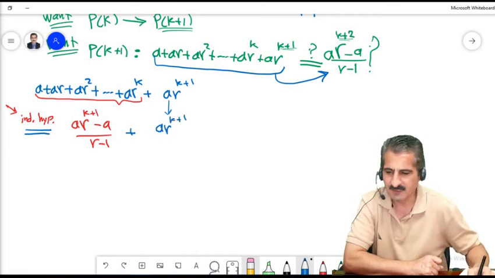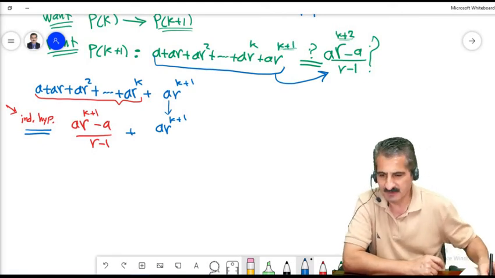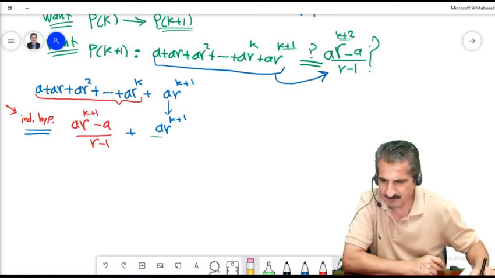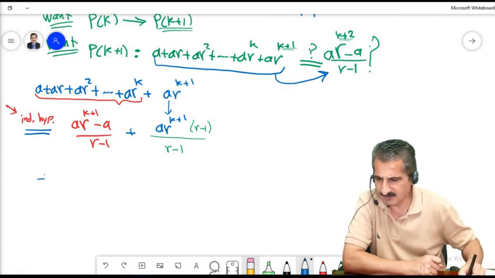Okay, now we want to add them and see what will happen. To add these two things, we will simply multiply this by r minus 1 from above and below, so that we change nothing. And then let's see what we get.